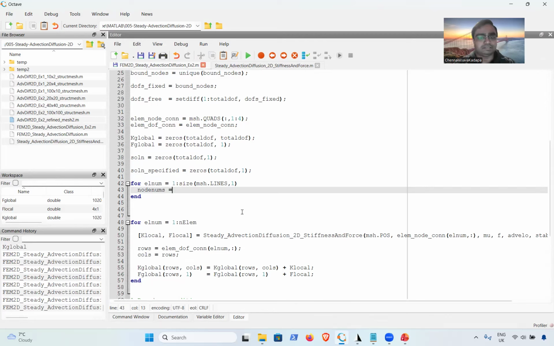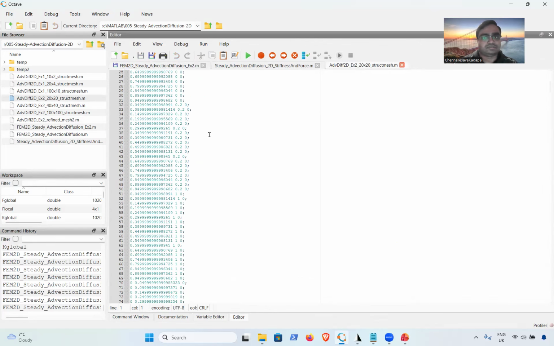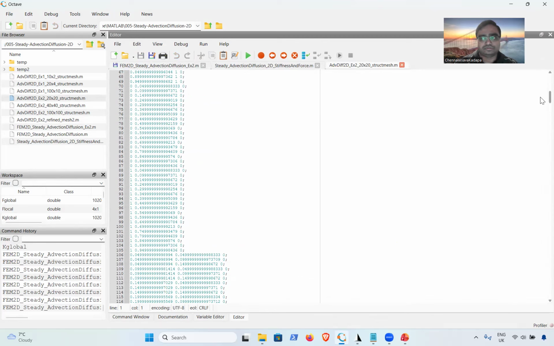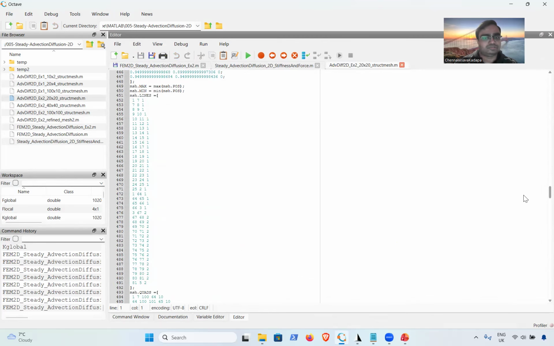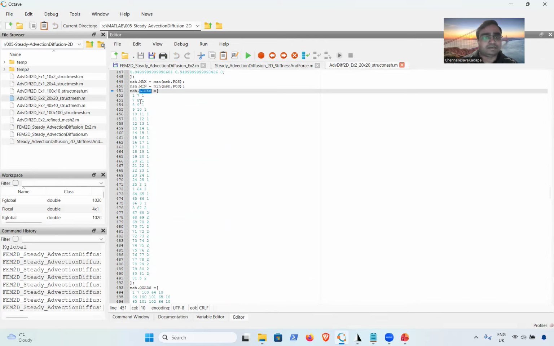And then we check. Let's check the mesh file. So we have the nodes. These are our line elements. These are the boundary two-node line elements with the flags at the third index.